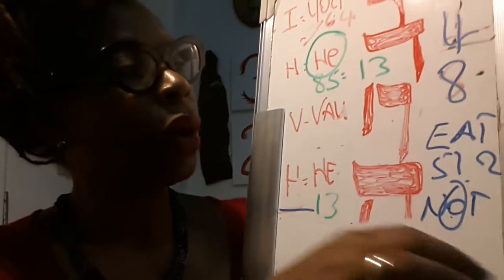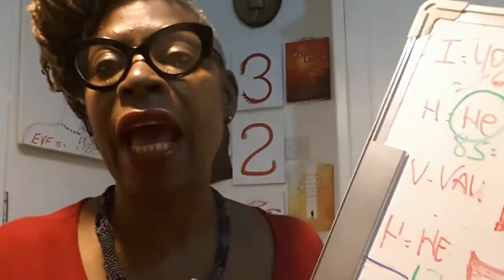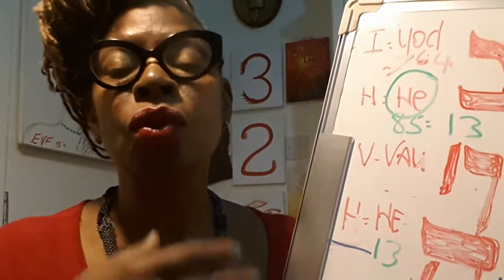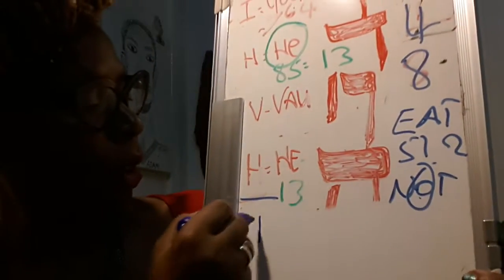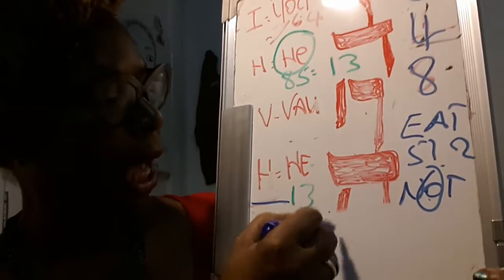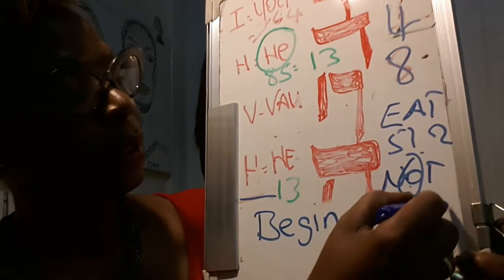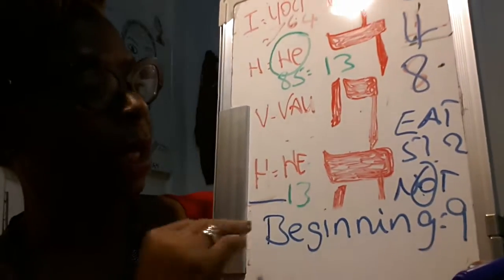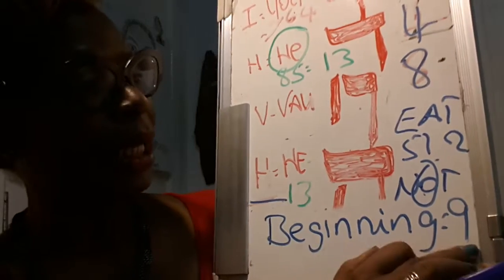So we are required to break off that knot to start a new cycle. Hence why the word beginning, B-E-G-I-N-N-I-N-G, equals 9. I won't go further in the sum anymore. So it equals 9. 9 is beginning.